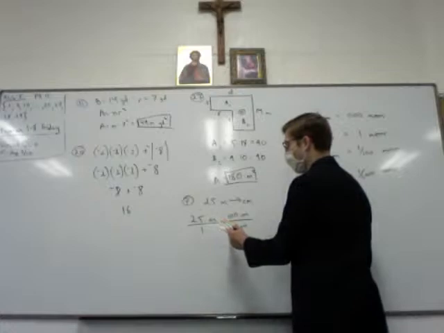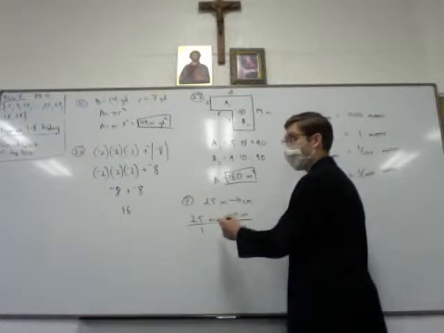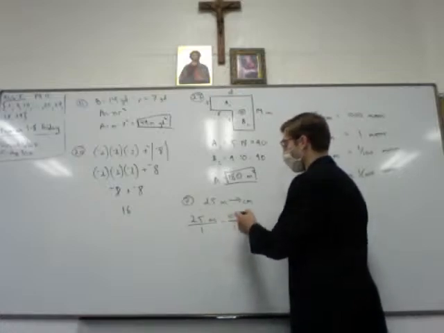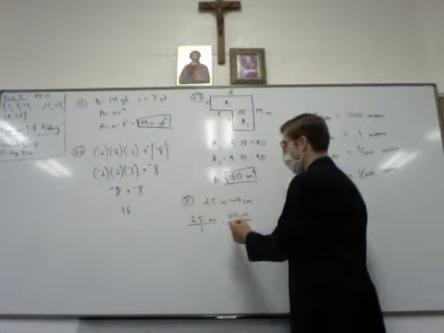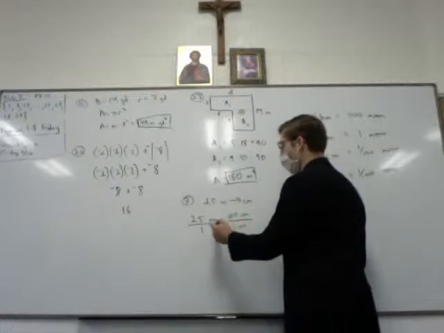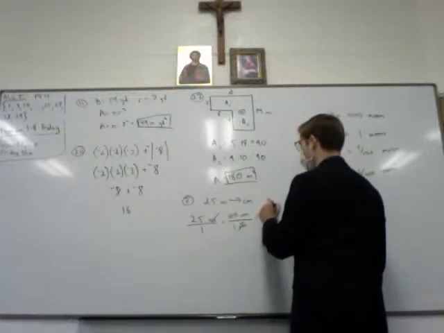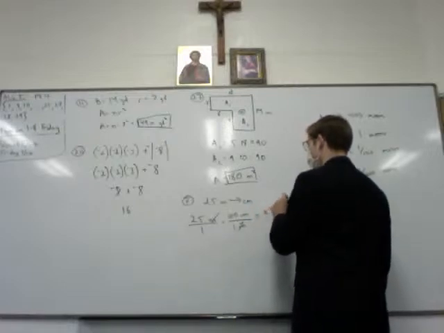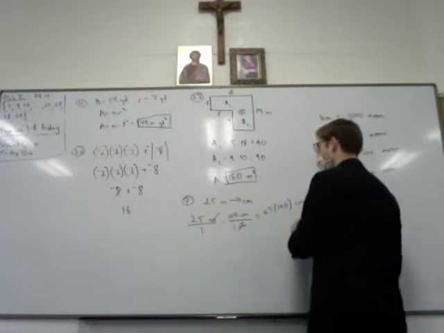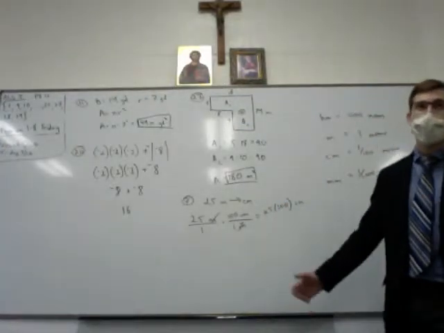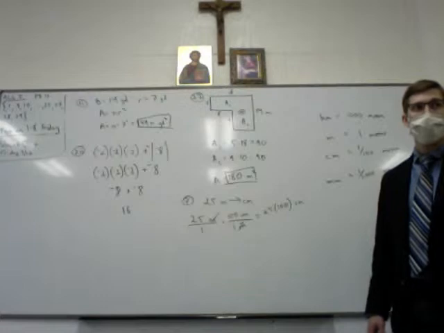So meters on the top, we have to put meters on the bottom so they cancel out. We're going to centimeters, so we put centimeters on the top. These need to balance. 100 centimeters go into 1 meter. Meters cancel out. We're left with 25 times 100 centimeters, or 2,500 centimeters. I always forget that part. Yep.